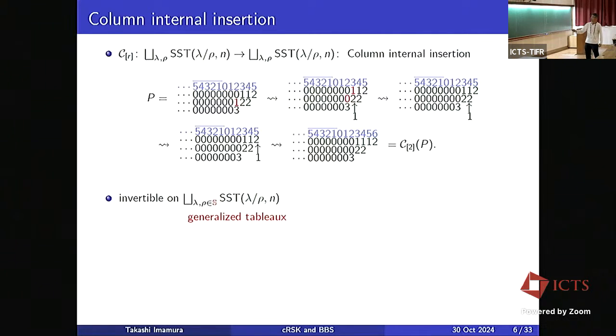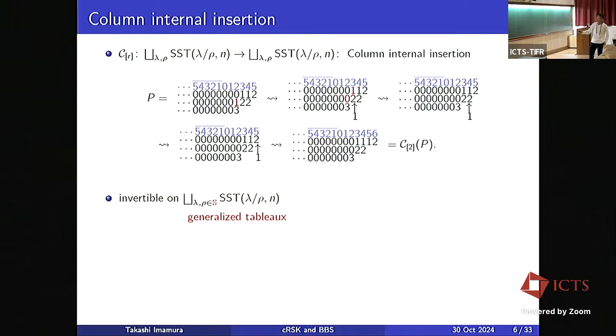We pick up the top positive element, in this case this red 1. We replace it with a 0 element like this, and this red element is bumped out to the next column here.